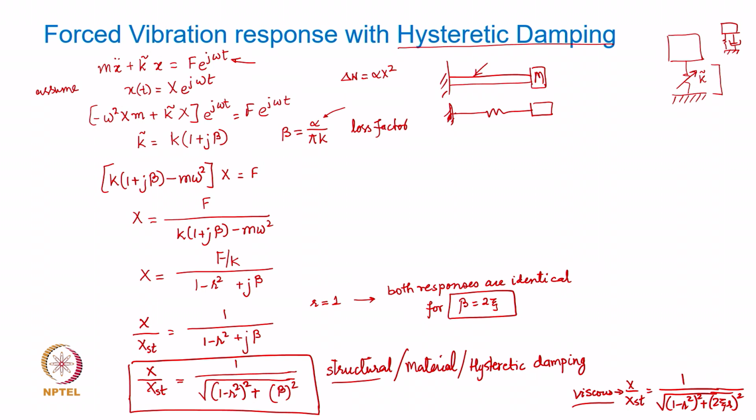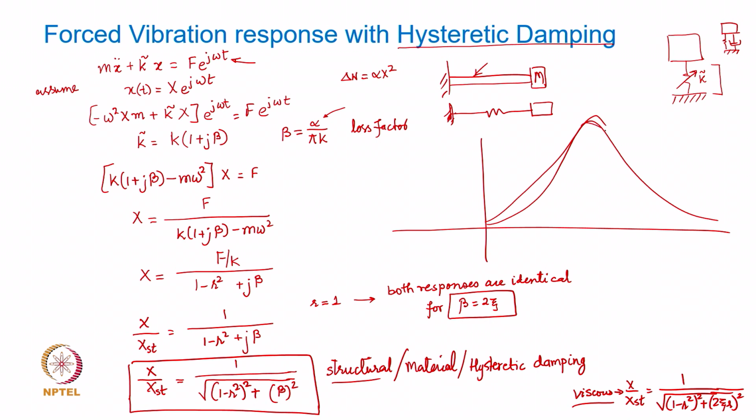So, if you plot this frequency response for a viscous damping case and then a structural damping case, you would find that both of them have the same value at resonance, and at resonance beta is actually equal to 2 times the equivalent viscous damping coefficient. So, parameter wise there is this relationship between the two, the loss factor and the viscous damping factor.